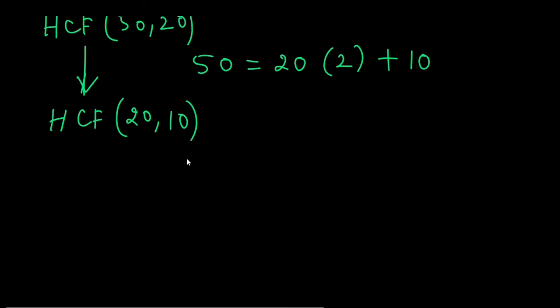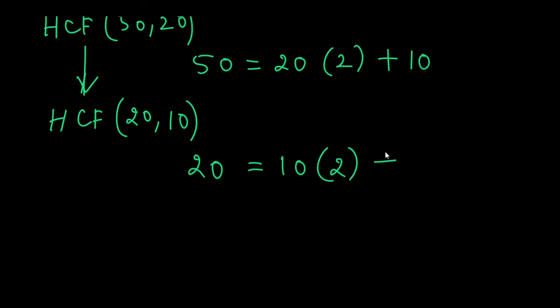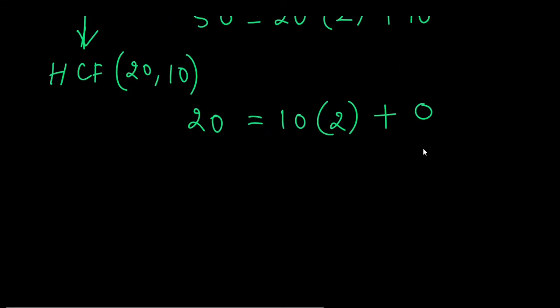Now apply Euclid division lemma on 20 and 10. So 20 can be written as 10 into 2 plus 0. Here the remainder is 0.